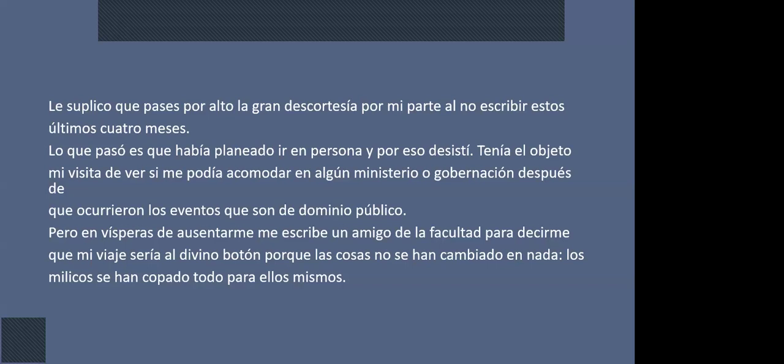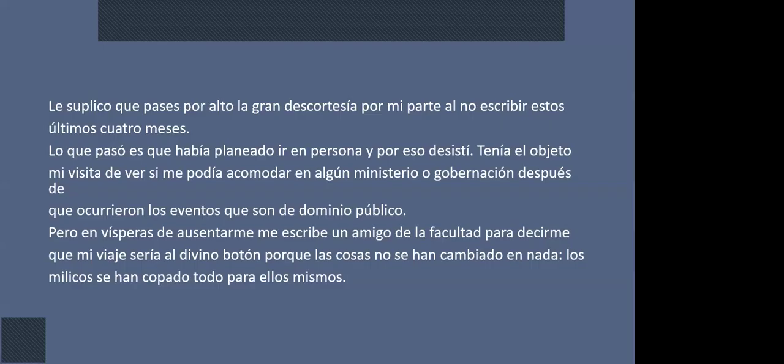Look at, for example, what happens when I say, y por eso desistí, okay? And that is why I decided not to write again, or not to write a letter, or I changed my mind. All that is possible, but the way you arrange that part is difficult because you don't know where to say that.